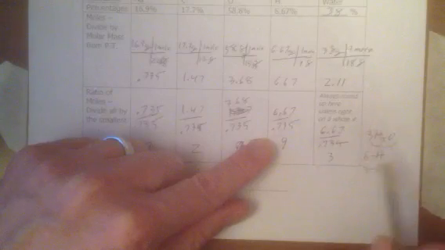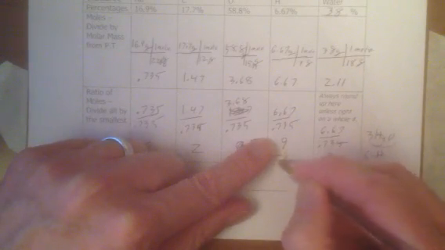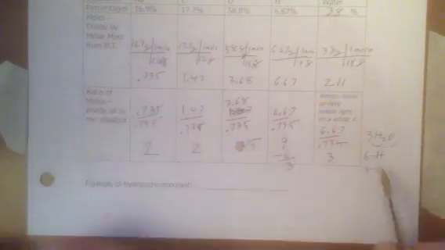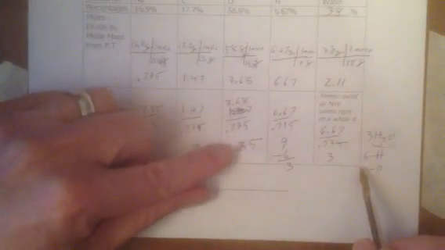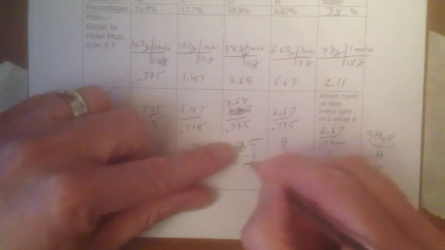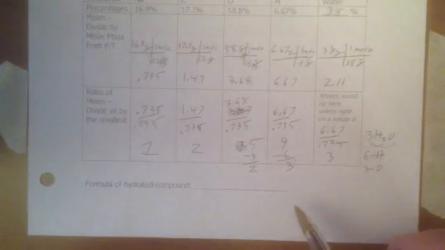So of these hydrogens, there are 9 of them, and 6 of them are from the water. Let's subtract off the 6, and that leaves me 3 hydrogens for my compound. Of the oxygens, 3 of them are due to the water. So subtract off the 3, and that leaves me 2 oxygens for my compound.